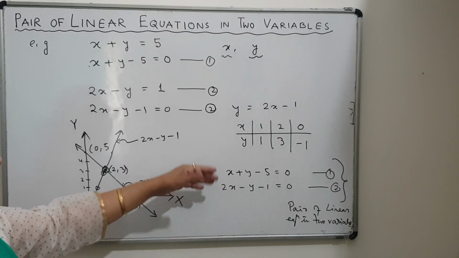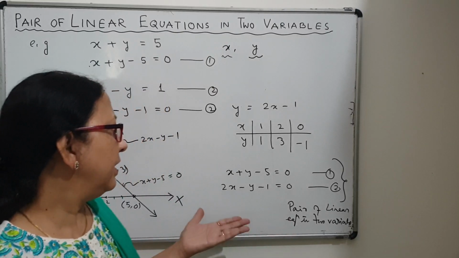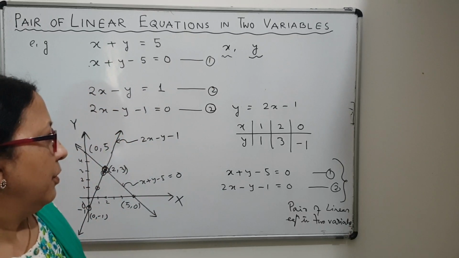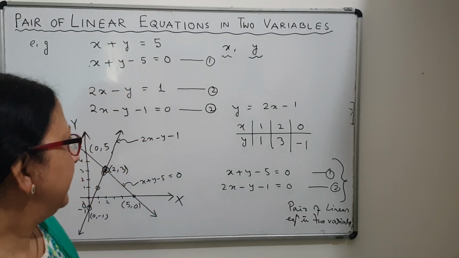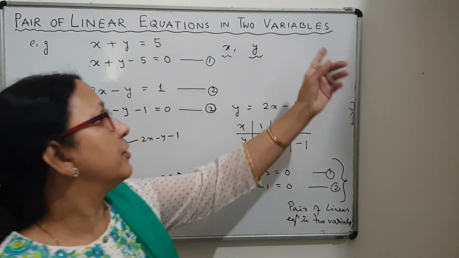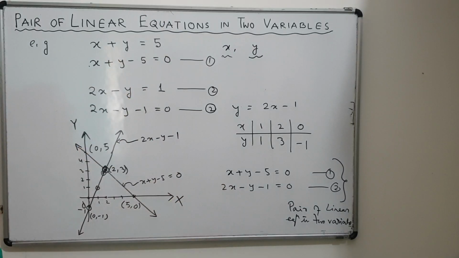So in this chapter mainly we'll be dealing with the methods of finding solutions from a pair of linear equations in two variables. Okay, so this is the idea why I should study the pair of linear equations in two variables. That's why the pair is required.